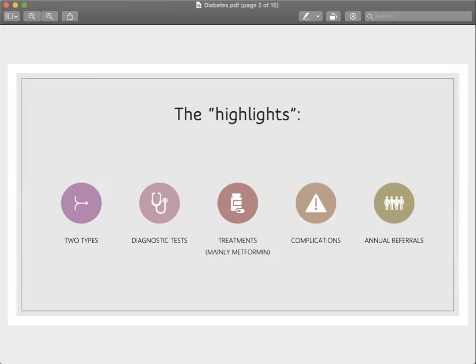So here's the bulk of what we're all going to need to know about diabetes. The two types, diagnostic tests, treatments, definitely that metformin, we're going to focus on that pretty heavily, complications, and annual referrals.